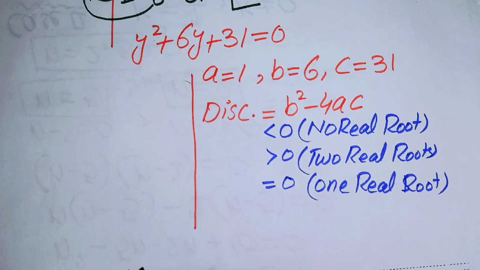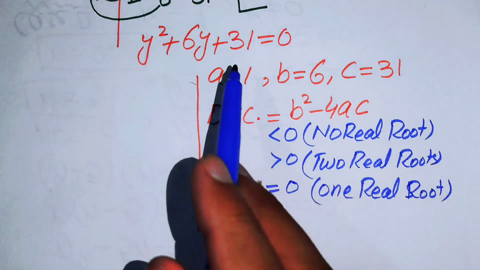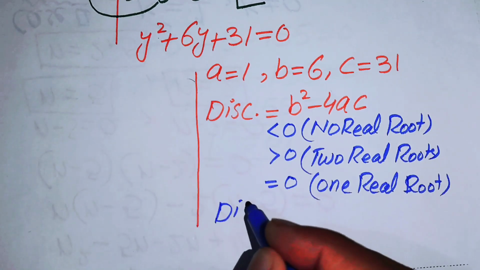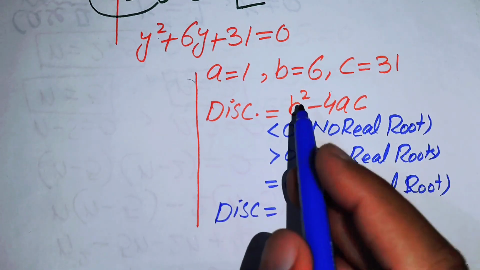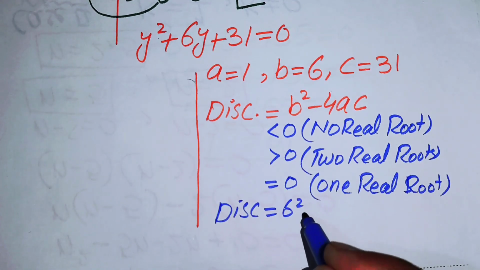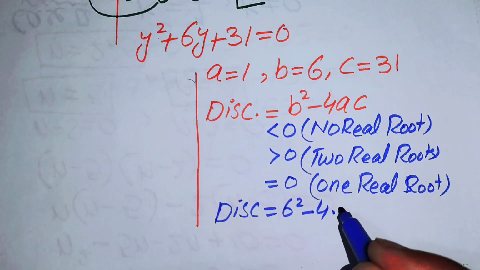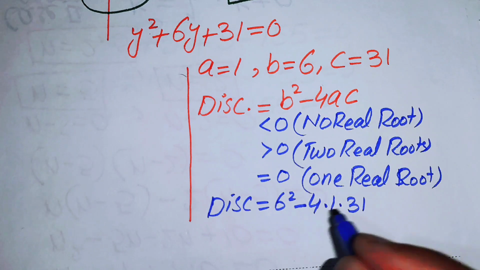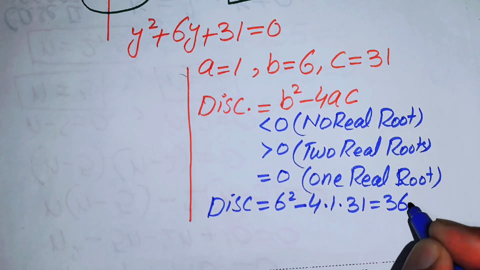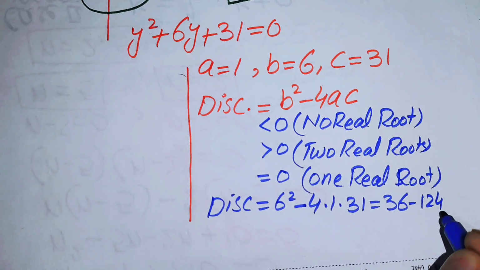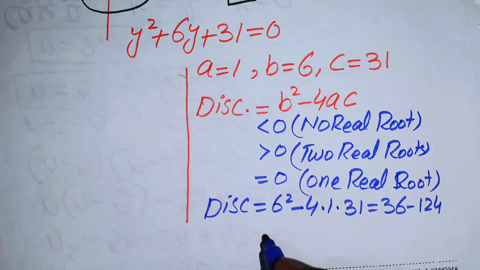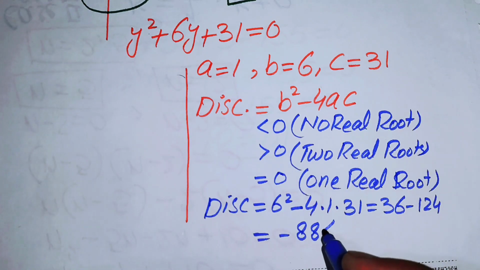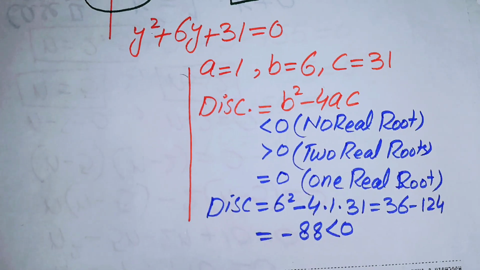So now we will check the behavior of this equation by putting the values of a, b and c here, and you will see that the discriminant is equal to b squared, where b is 6 squared, minus 4 times a, which is 1, and c, which is 31. So it becomes 36 minus 124, and when you subtract these values, you get minus 88, and this minus 88 is less than 0.